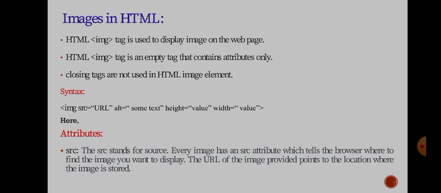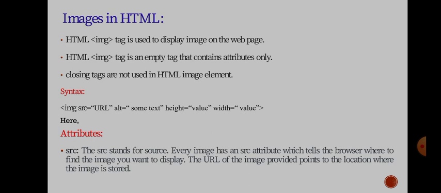Coming to the syntax, img means image tag. Here src, alt, height and width are the attributes of the image tag. In the src we give the image's address, alt means alternative, and height and width are the values of the image.